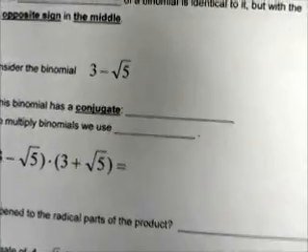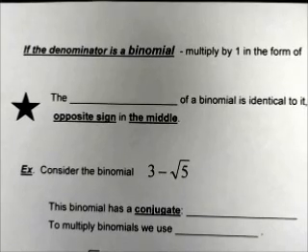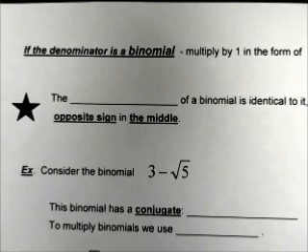Next, page 8. If the denominator is a binomial, multiply by 1 in the form of what's called the conjugate of the denominator over conjugate of denominator.